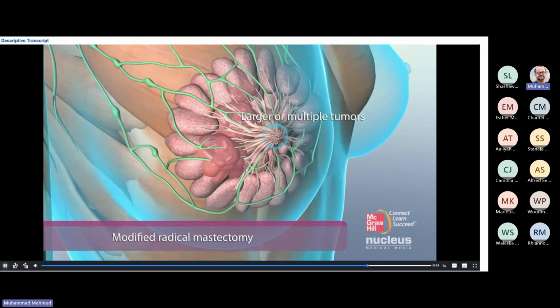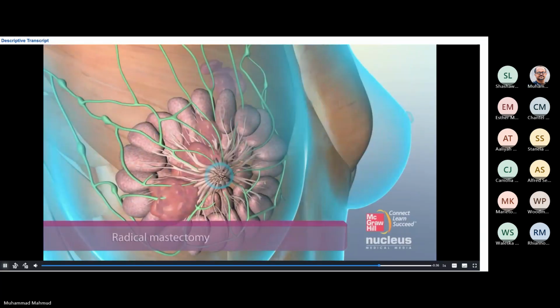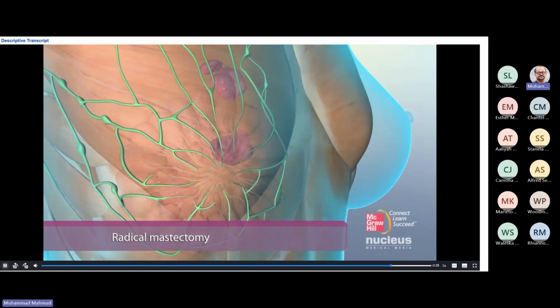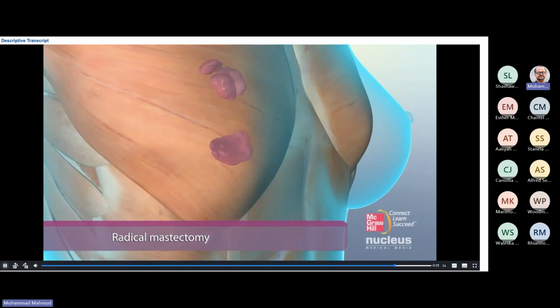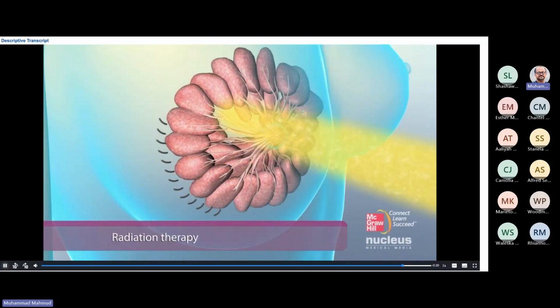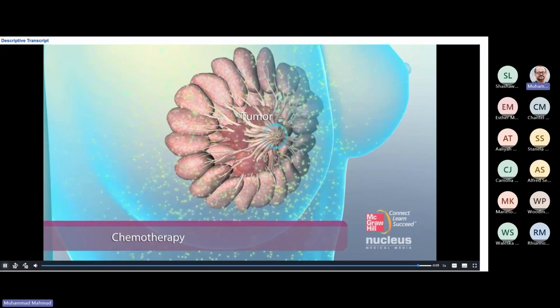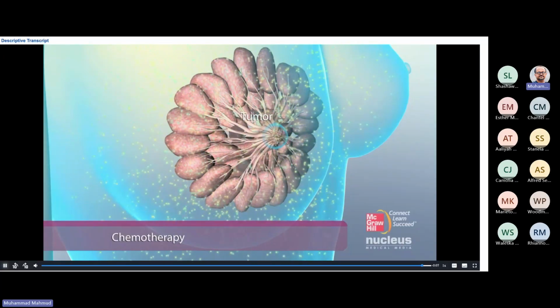In this procedure, all of the breast tissue, including breast and axillary lymph nodes, are removed. With larger tumors and chest wall invasion, a radical mastectomy removes the entire breast, lymphatics, and chest wall muscles. Radiation therapy reduces the risk of cancer cells recurring postoperatively. Chemotherapy uses a combination of drugs to destroy cancer cells.